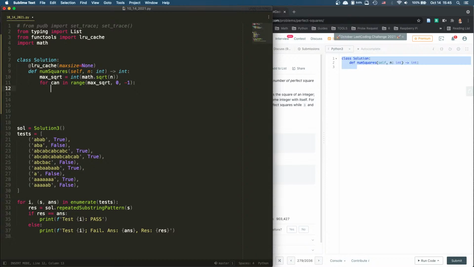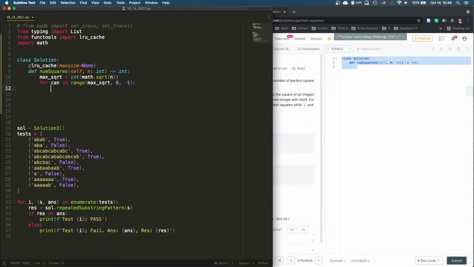And then for each one of them, I'll take the current max square root, the candidate. I take the candidate, right? And then if I take the candidate, then I'll say the remaining, right? The remaining.